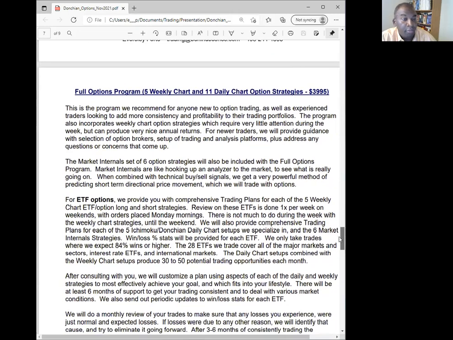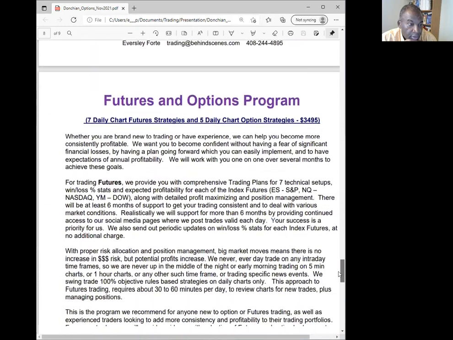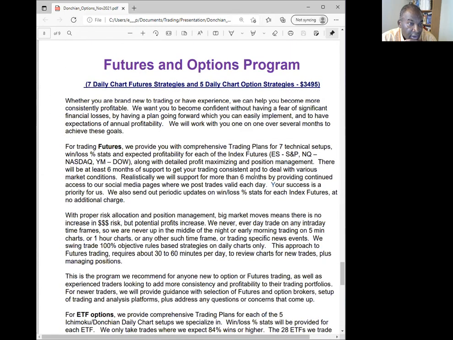The third program is for a combination. This is a full options program again, and the third one is for futures and options together. Basically, it's $17.50 for the options and $17.45 for the futures. Since we didn't do the futures specifically today, I didn't detail futures by itself, but the futures by itself is $17.45.